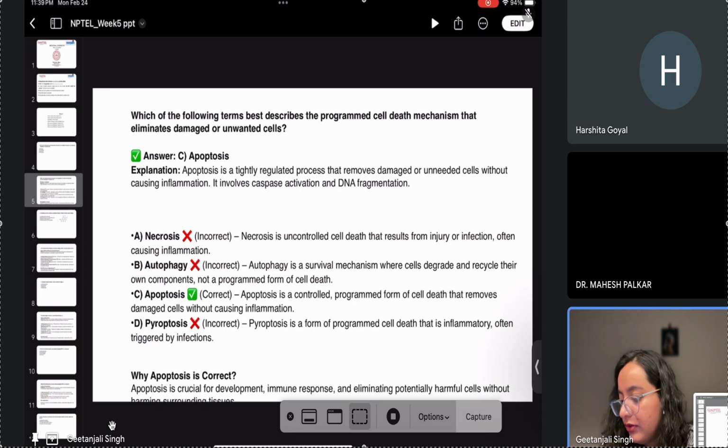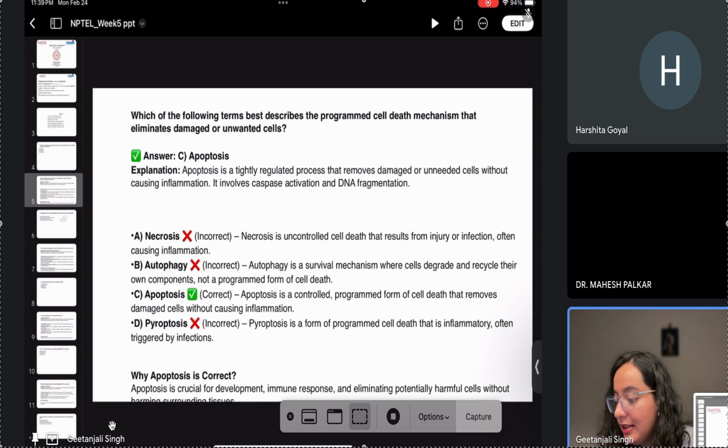In case of autophagy, it's a survival mechanism where cells degrade and recycle their own components, and it is not a programmed form of cell death, unlike apoptosis. Apoptosis is controlled programmed cell death that removes damaged cells without causing inflammation.